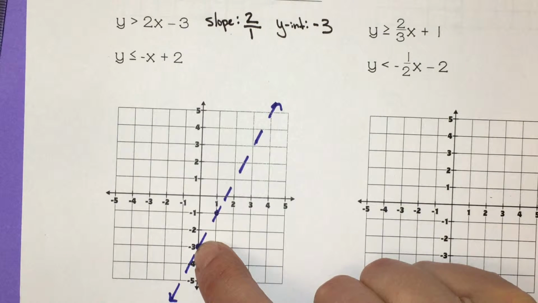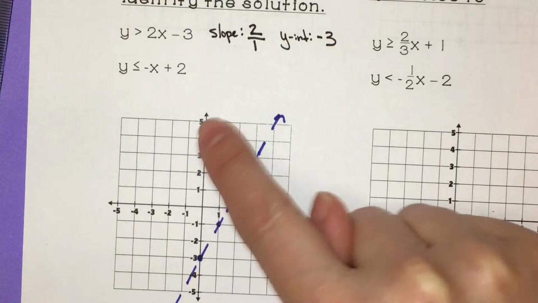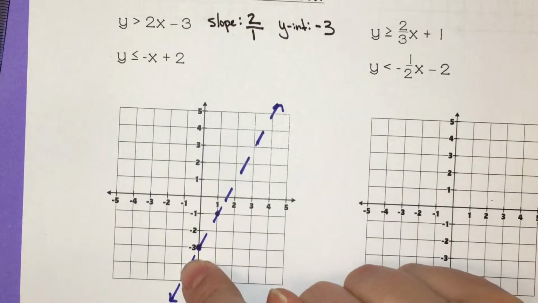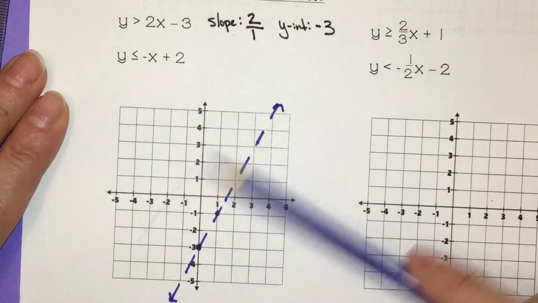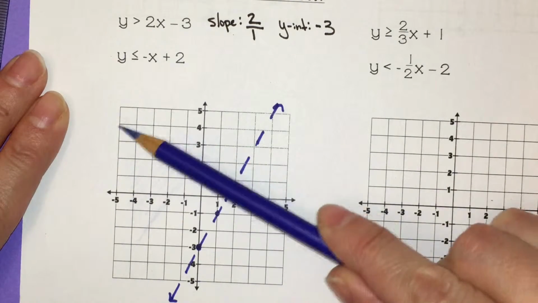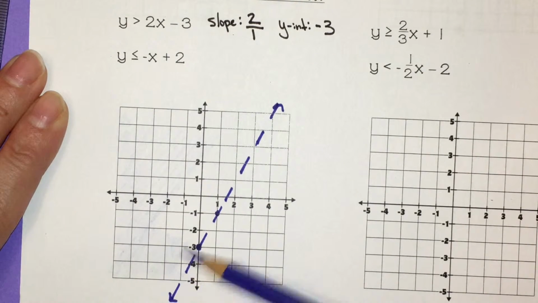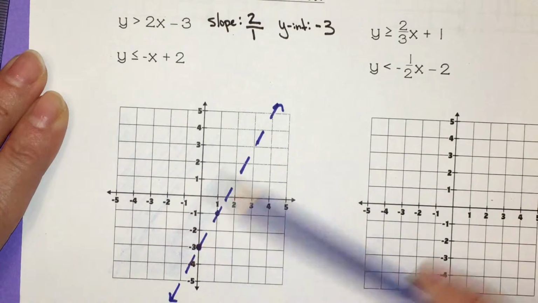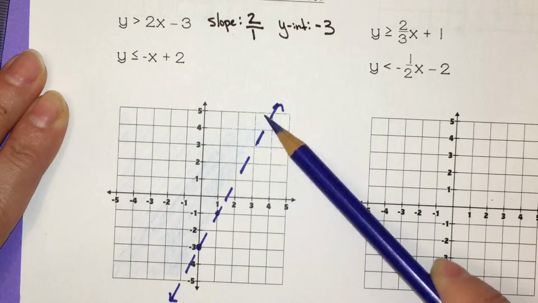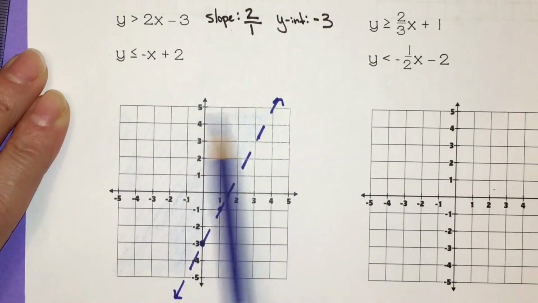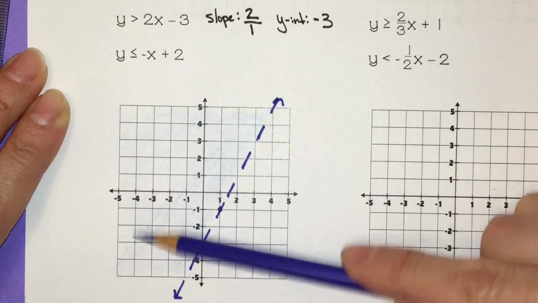y-axis. So I'm going to shade on the side where the y values are greater than the point where my line intersects the y-axis. And I'm just going to very lightly shade in that side, because for this inequality, every single point on this side of the graph is going to be included in the solution for this inequality.